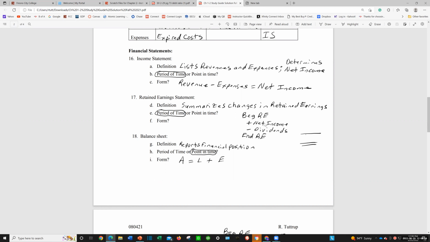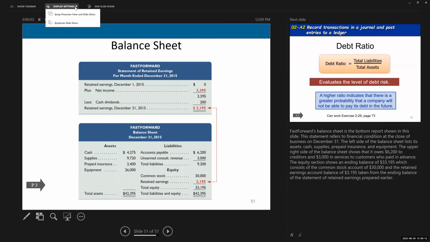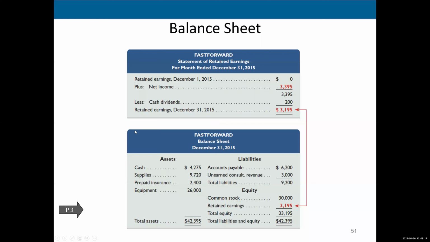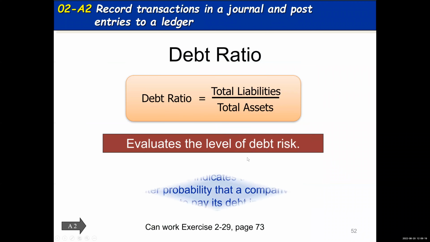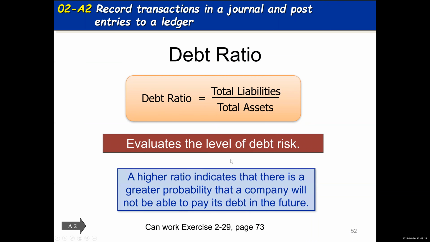Okay, what I'd like to do now is go back to my slideshow. We have this thing called the debt ratio. It's really easy to calculate. You take your total liabilities and divide them by your total assets.